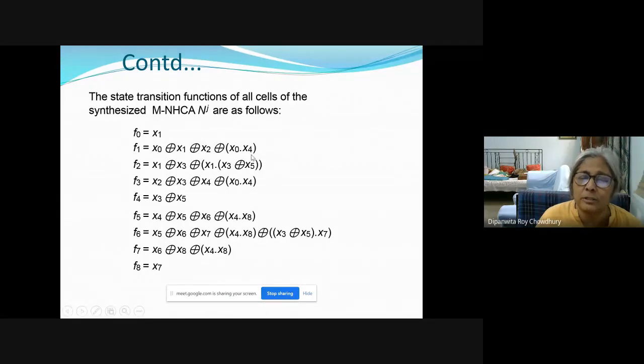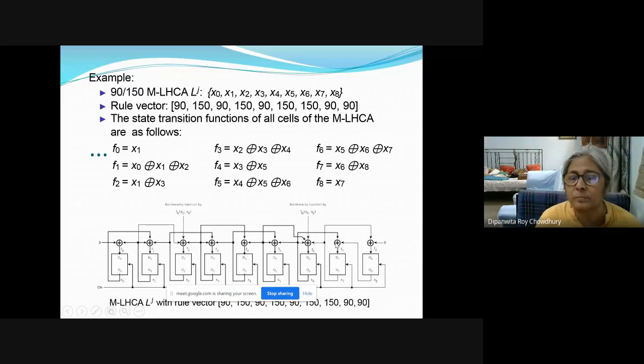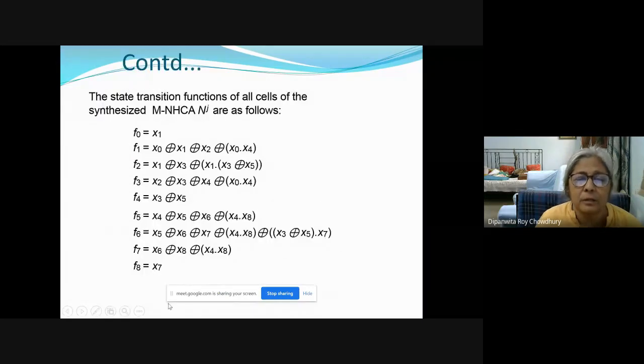See, x0.x4, what we have given earlier, that is F1, and similarly F3, F0, F1, F2, F3, F4, F5, F6. Here also we have given something. I think it should be here, F5, yes, F1 and F5.